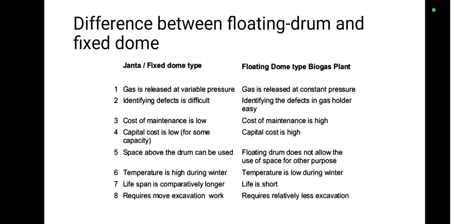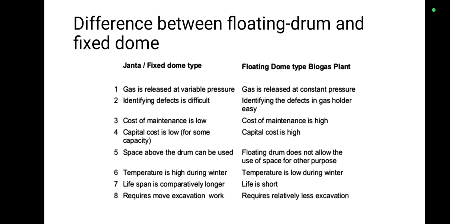Cost of maintenance is low in the case of fixed dome type, whereas in the floating dome type the maintenance cost is high because the drum is always corroded, because it is directly exposed to oxygen. Then the capital cost is low for the fixed dome type, whereas the floating dome type has a higher capital cost.